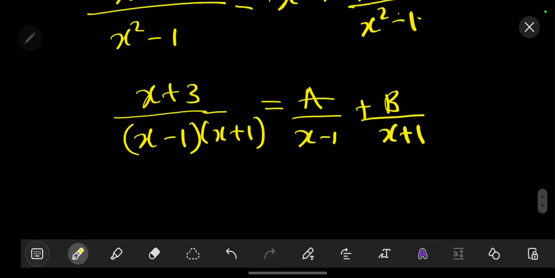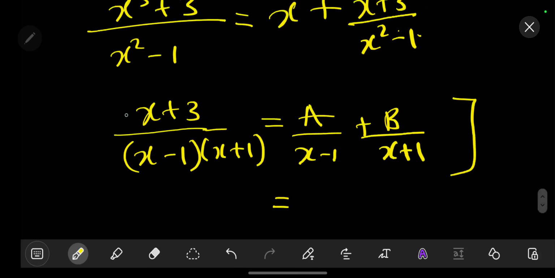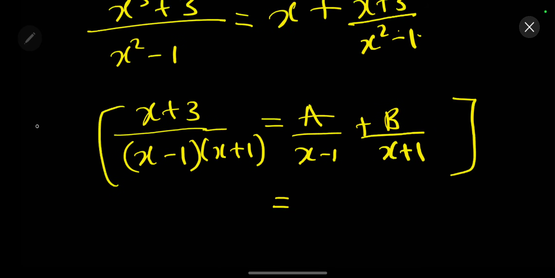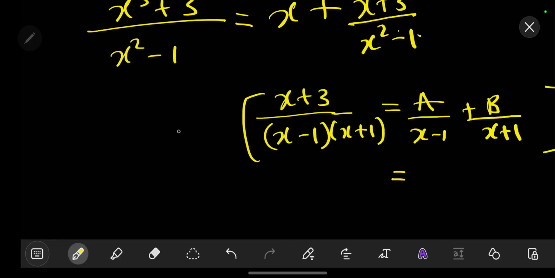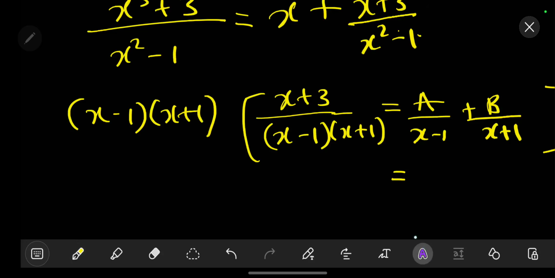Then what we are going to get is that we multiply now. We are going to have our x minus 1, then we have our x plus 1. So this is going to be equal to, this cancels with this, so we are going to have our x plus 3, then it is multiplying throughout.